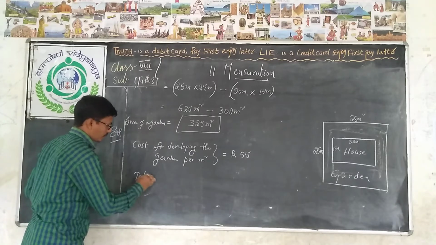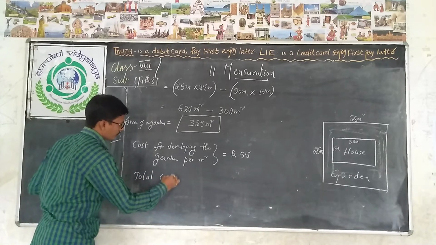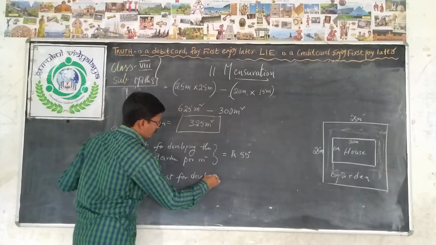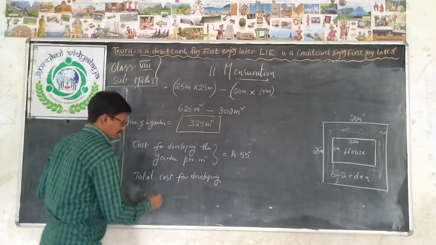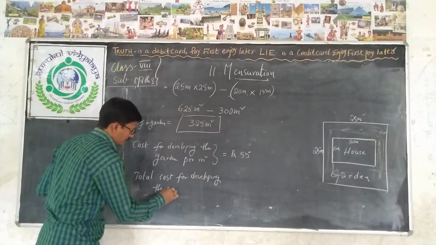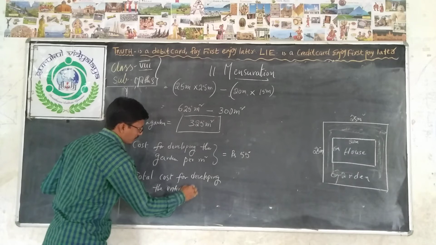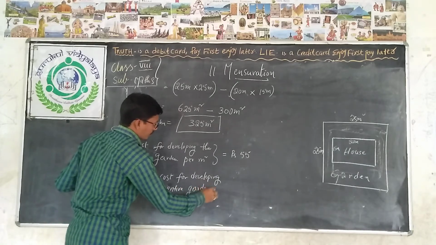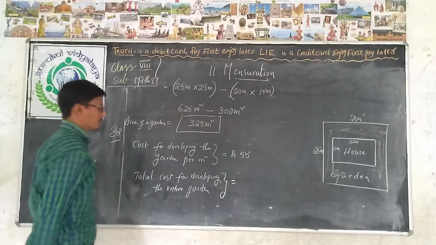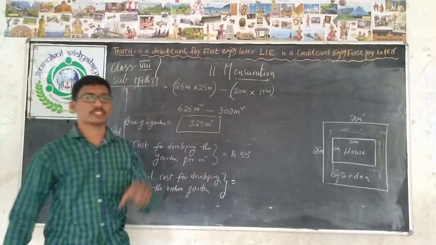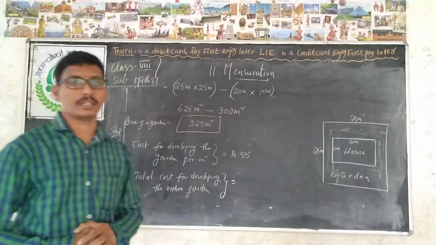Therefore, the total cost of developing the entire garden is equal to, per square meter means 1 square meter.